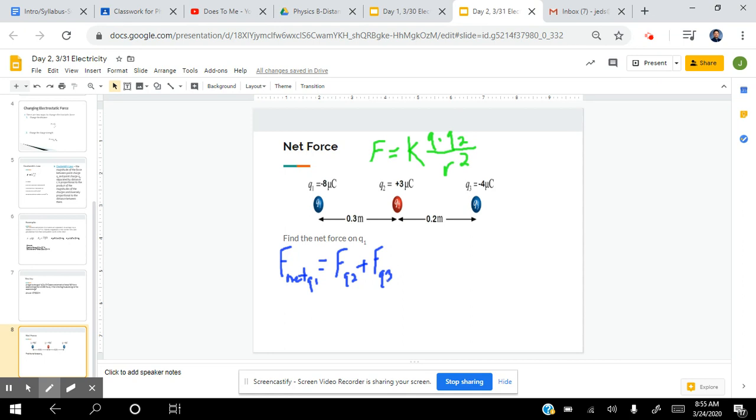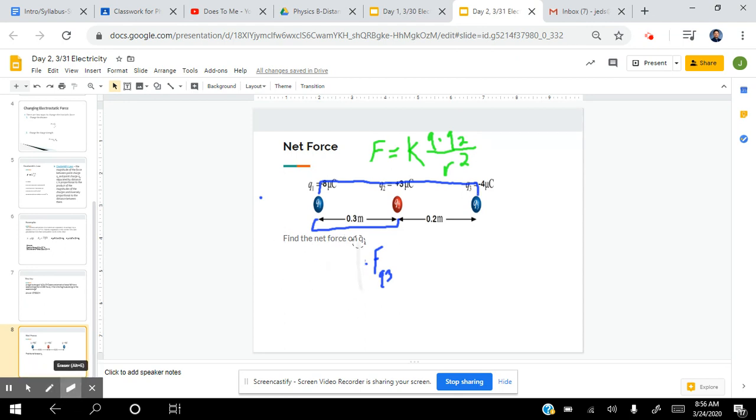So essentially what we're doing is taking the force between these two plus the force between these two and adding them together to figure out what my overall net electrical force is going to be.